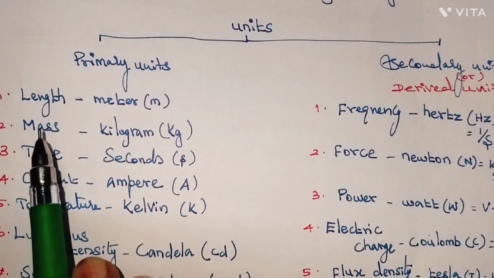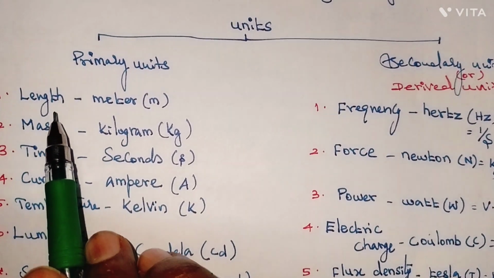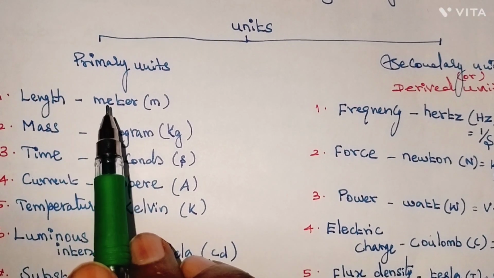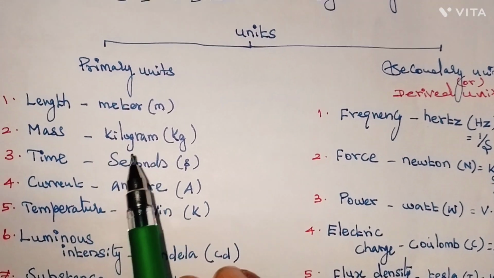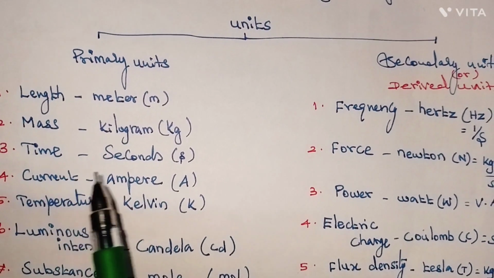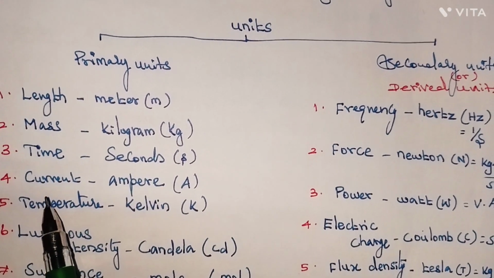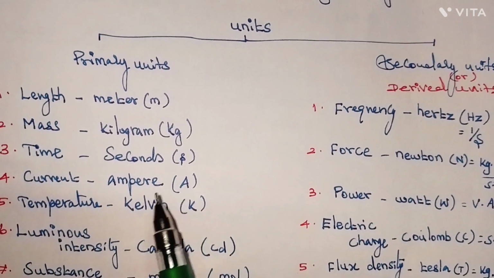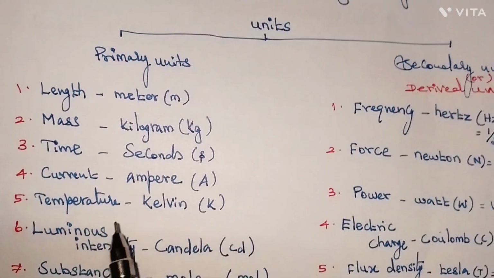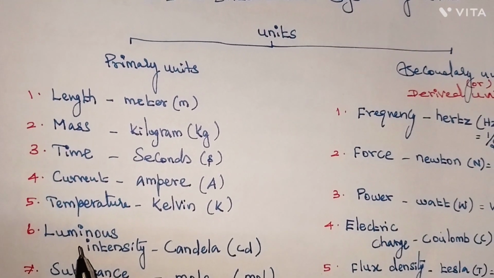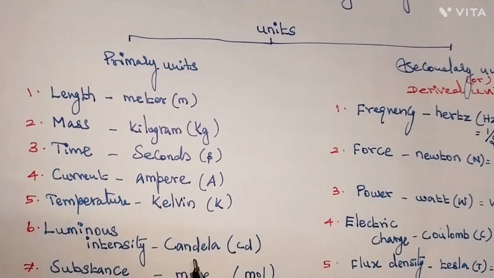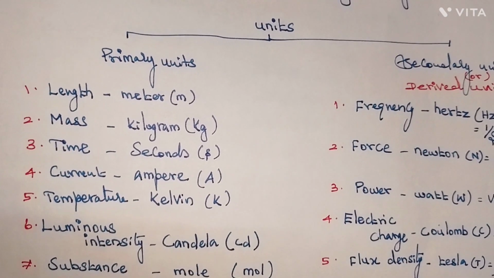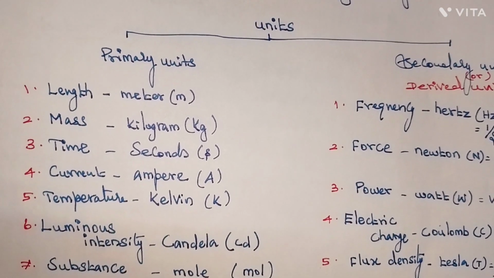Primary units are: length, the meter; mass, the kilogram; time, the second; current, the ampere; temperature, the kelvin; luminous intensity, the candela; and substance, the mole.